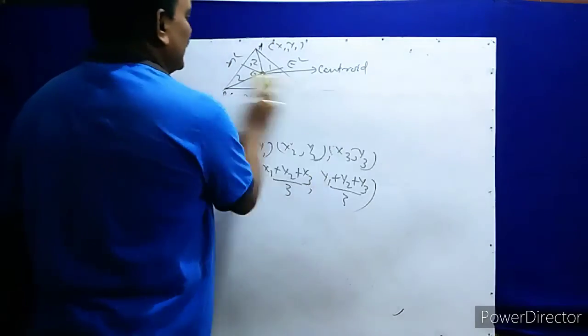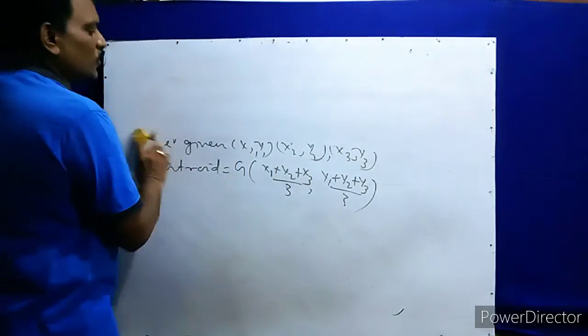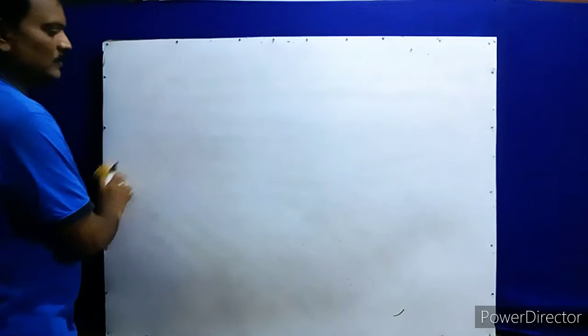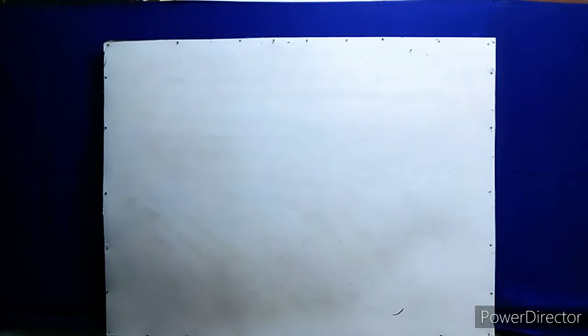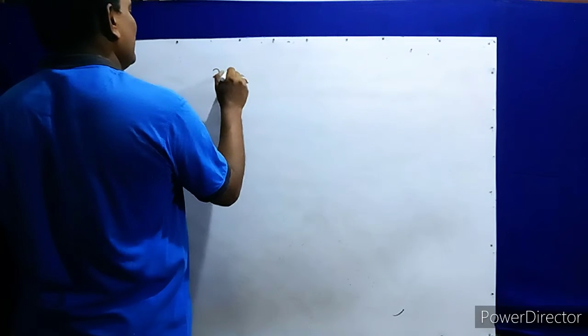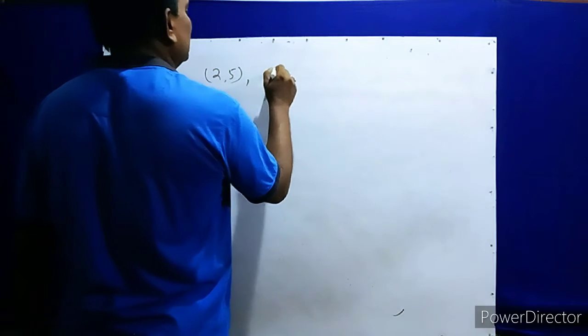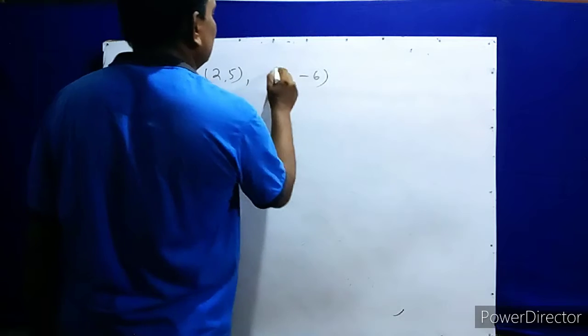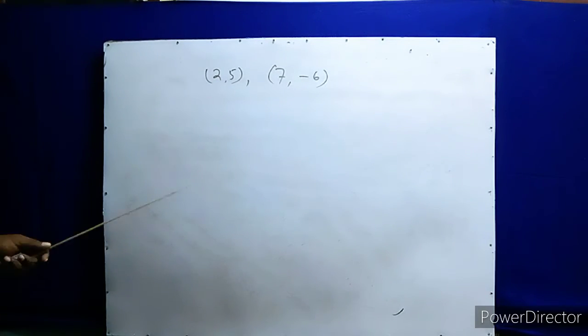And the third case, suppose there are 2 points given: 2, 5 and 7, minus 6. There are 2 points given.